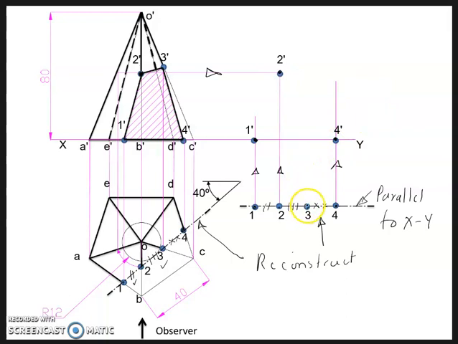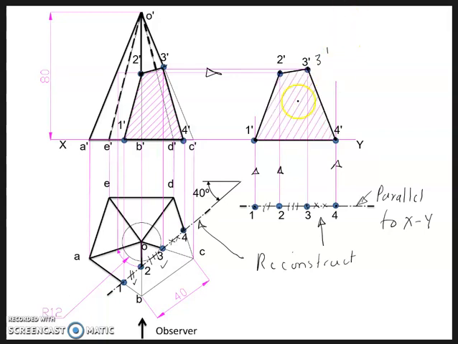Similarly, drop a projector from 3 vertically up and horizontal projector from 3 dash. Wherever they intersect, your point 3 dash. Join all the 4 points, that is the true shape. So this is your true shape.